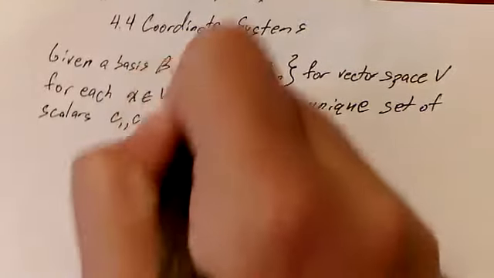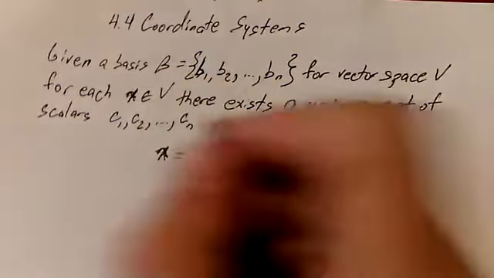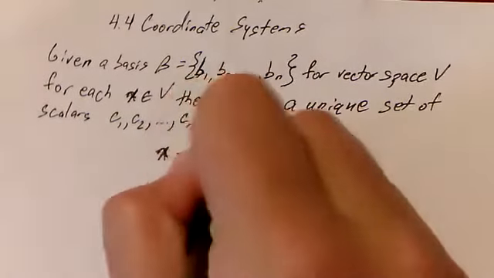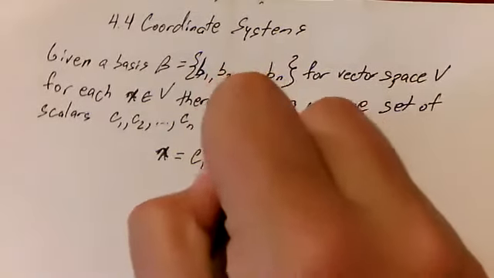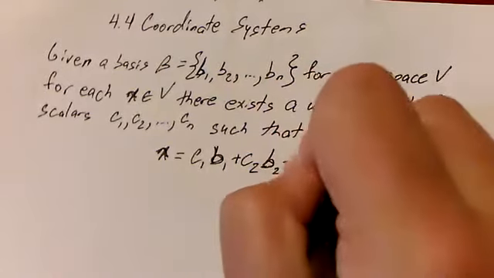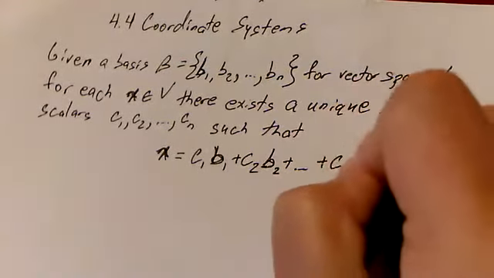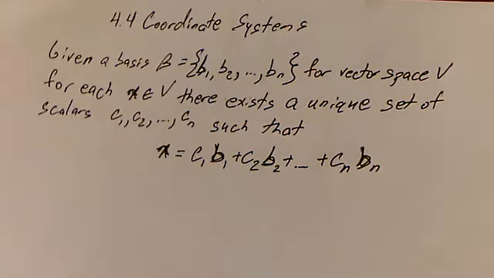Remember x is a vector here. It's a vector space, so the elements of it are vectors, such that x is equal to C1 B1. Remember, B's are vectors and C's are scalars. Plus C2 B2, and that continues all the way to Cn Bn. So there's only one way to represent this, and that way to represent it is exactly our coordinates, just as we talked about before.